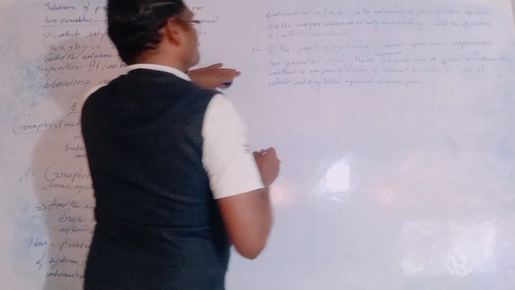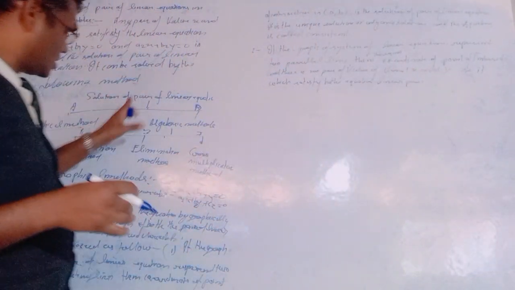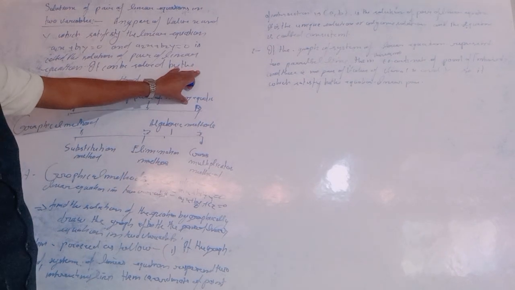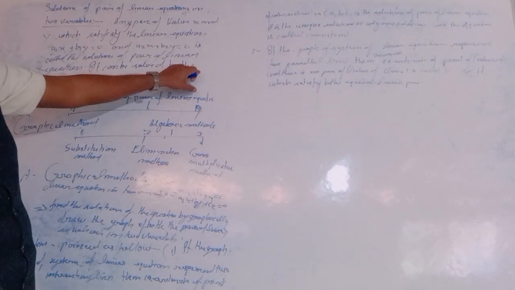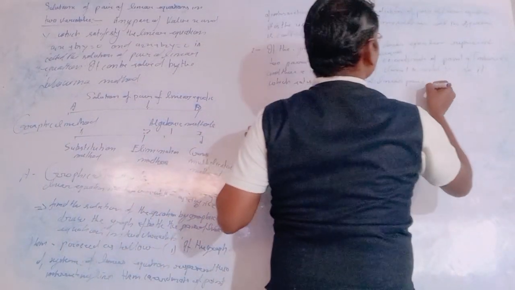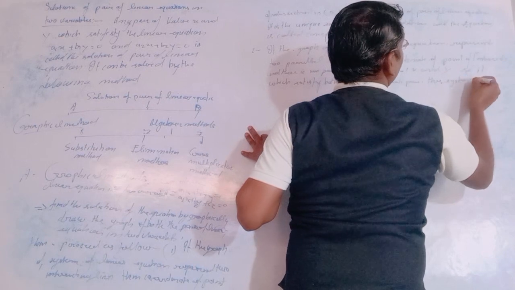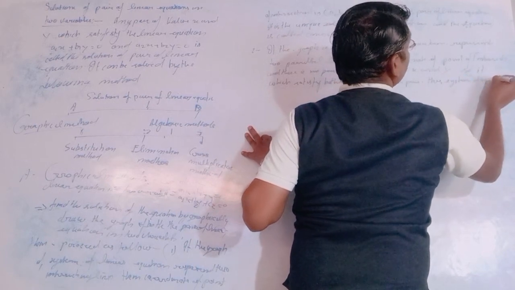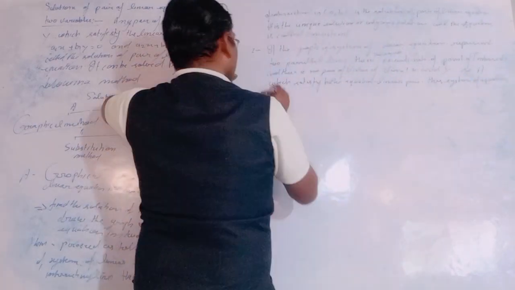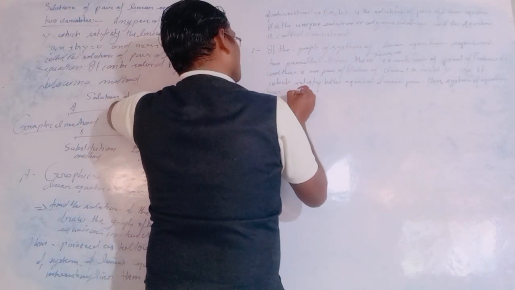Okay, so it is called inconsistent, meaning no solution. Thus the system of equations has no solution.